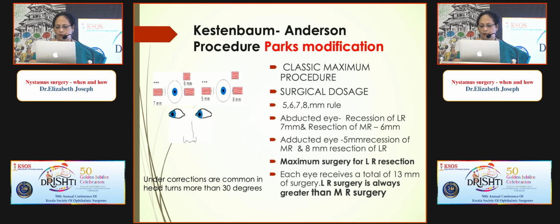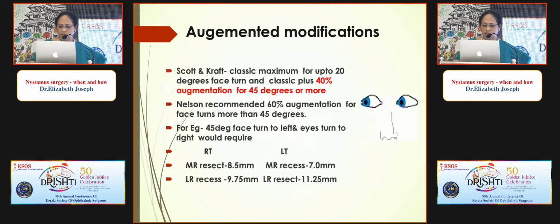It will be unequal, and lateral rectus surgery is always greater than medial rectus surgery, because medial rectus is a more powerful muscle, and maximum surgery for LR resection. So in this case, LR resection is 8 millimeters, and the other LR is 7 millimeters. So maximum surgery for LR resection the most. That's how we remember this.